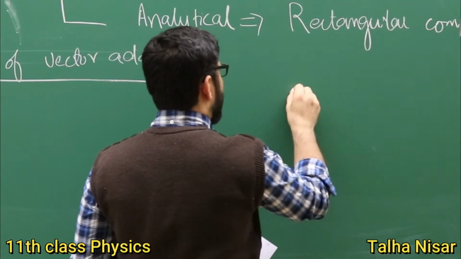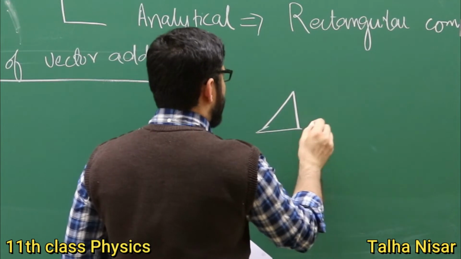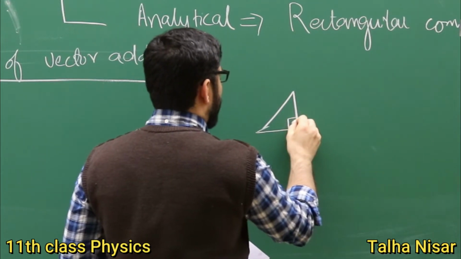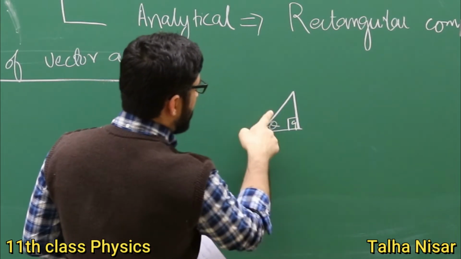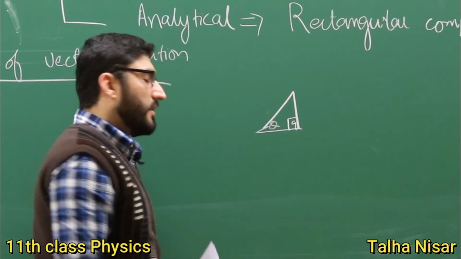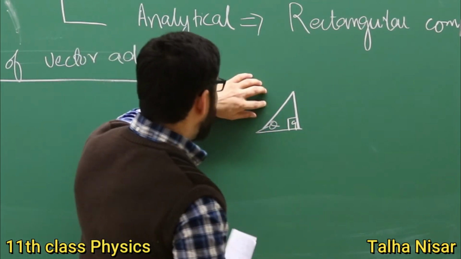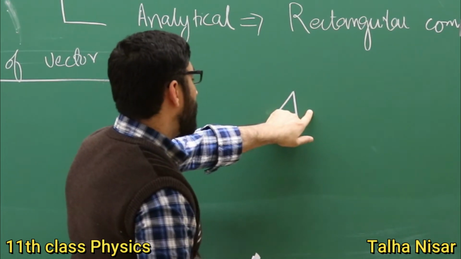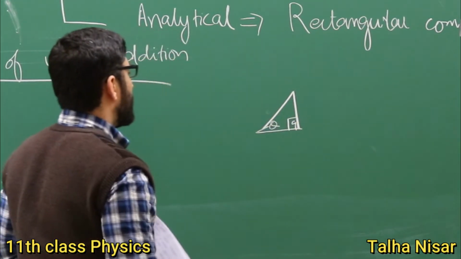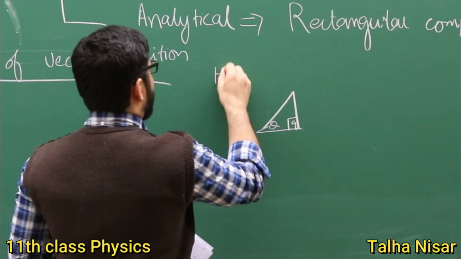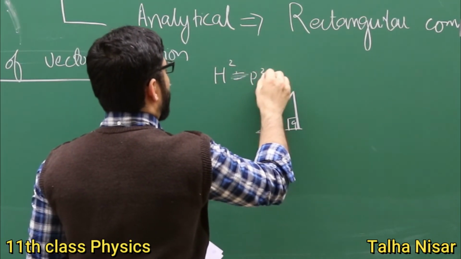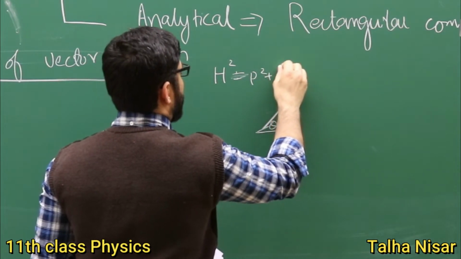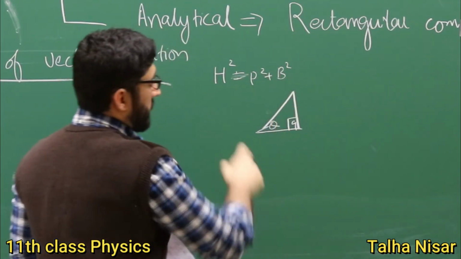Previously for the Pythagoras theorem, we said that when this angle is 90 degrees, and this is theta, for example, this side is the hypotenuse, this is the base, and this is the perpendicular. So we use the Pythagoras theorem: hypotenuse square equals perpendicular square plus base square. So this was the Pythagoras theorem.